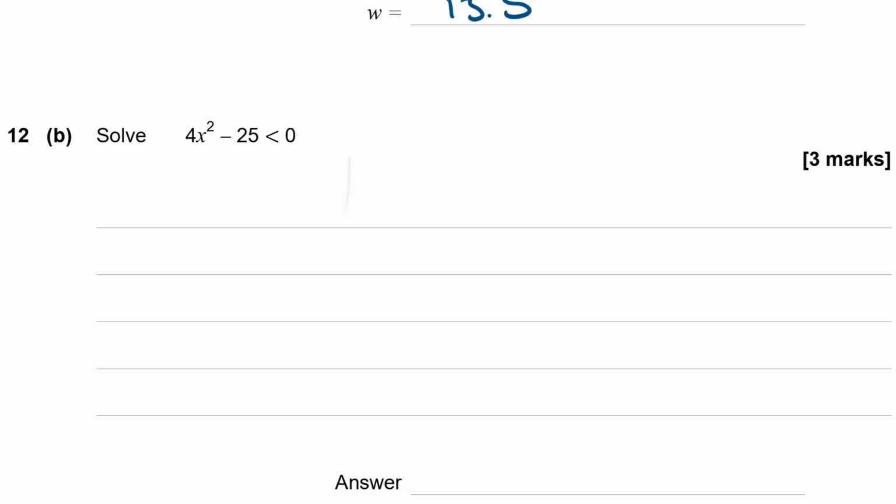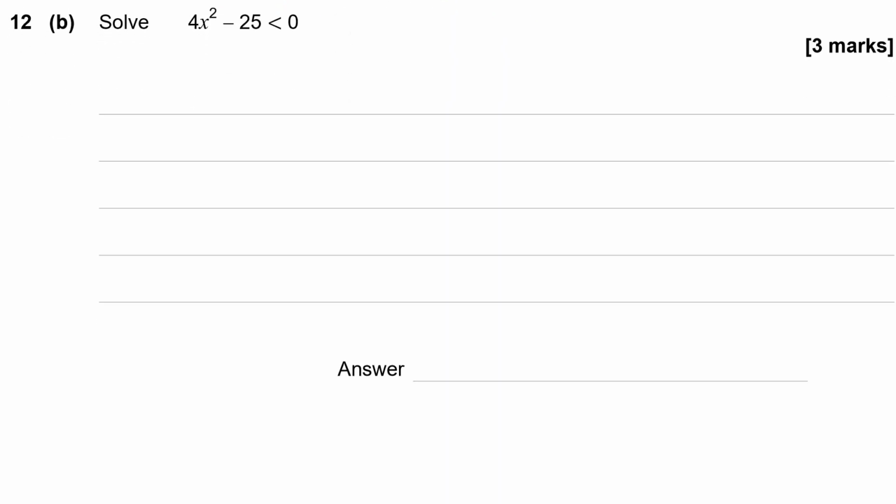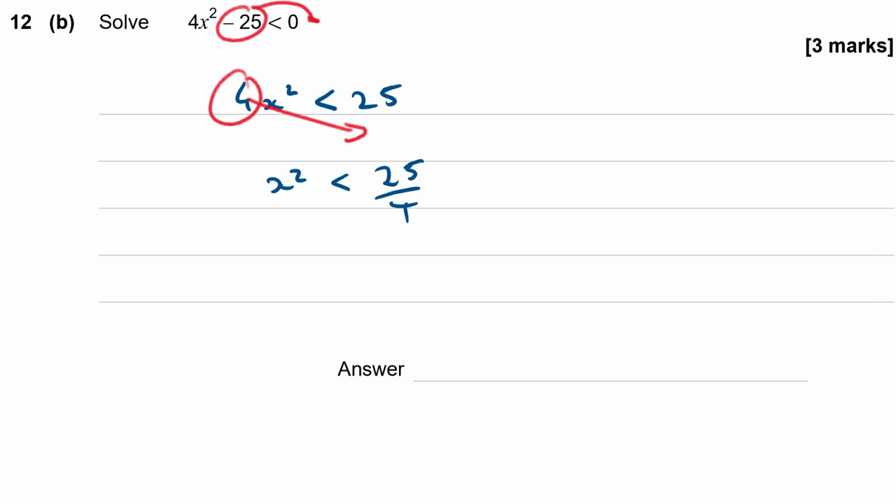Okay. Part B, got a quadratic this time. 4x squared minus 25 is less than 0. So let's move that to the other side first. 4x squared is less than 25. Next, let's divide through by 4. So x squared is less than 25 over 4.